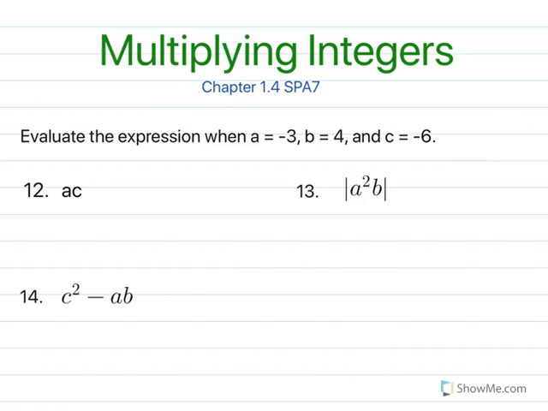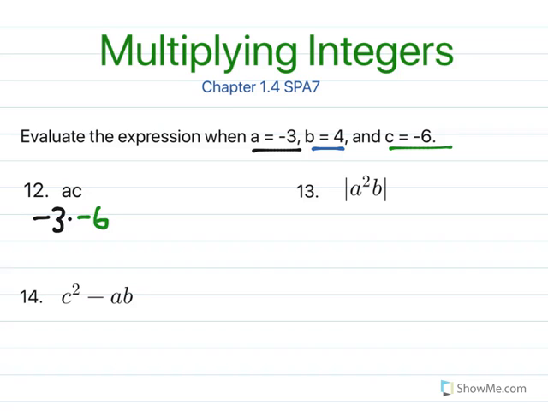All right, so the directions say evaluate the expression when A is negative 3, A equals negative 3, B is positive 4, and C is negative 6. So for number 12, I'm going to have negative 3 times negative 6.